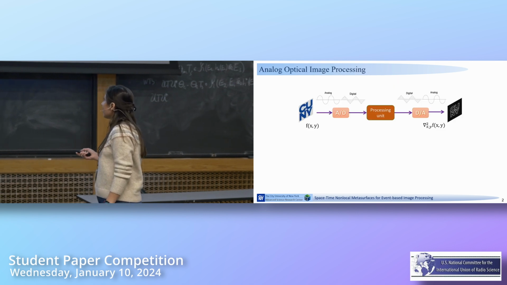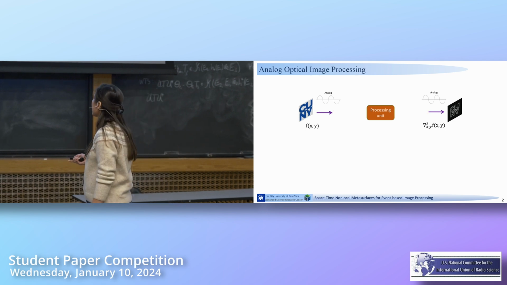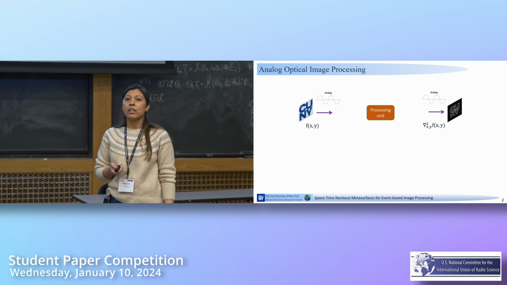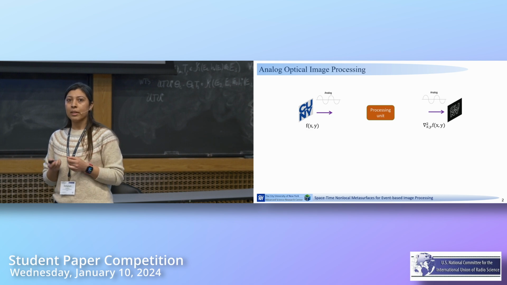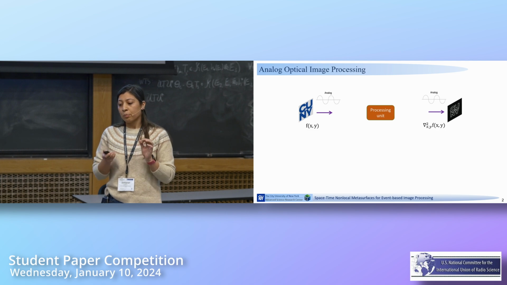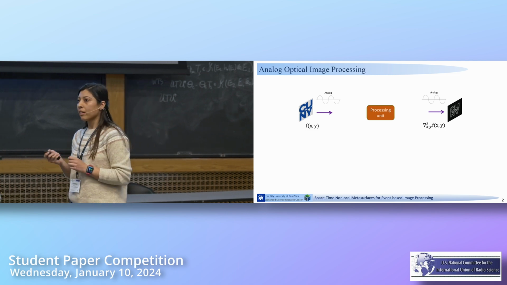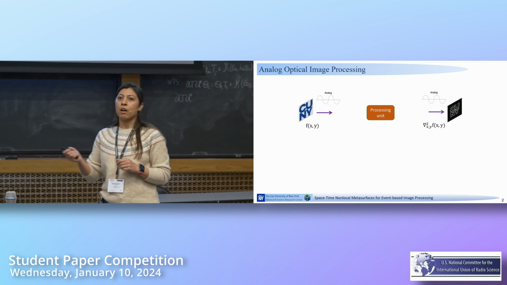So let's remove these analog to digital conversions, and recent works on the concept of metamaterials and metasurfaces have been showing that maybe it is possible to perform mathematical operations on the spatial distribution of an incoming image.